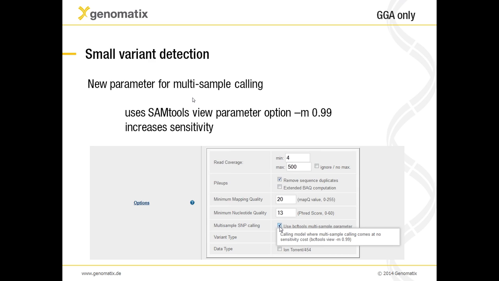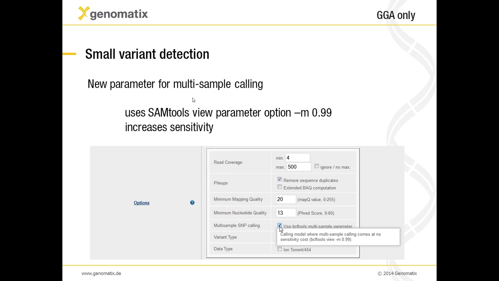Multi-sample calling means you call the SNPs not only for one BAM file, but for several BAM files in one go, and you generate one VCF file then for the SNPs and for the other small variants.